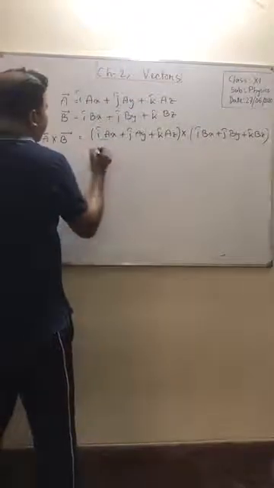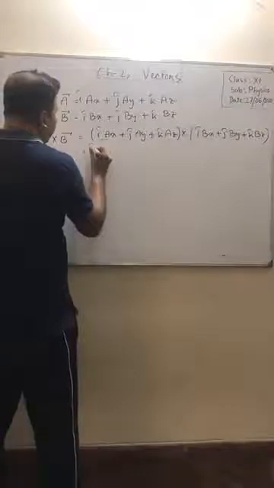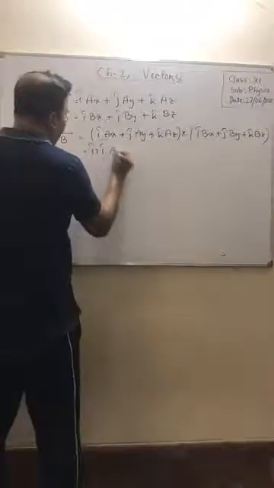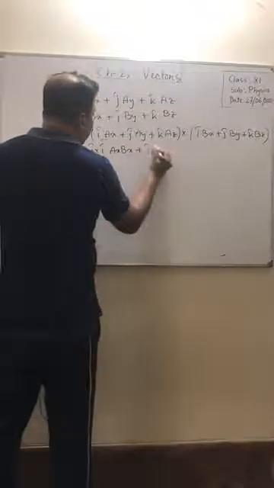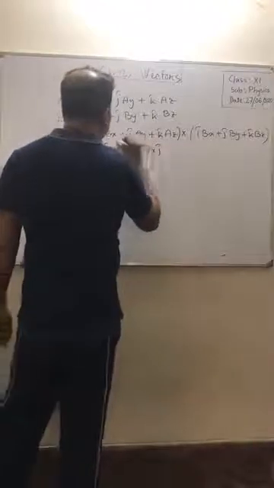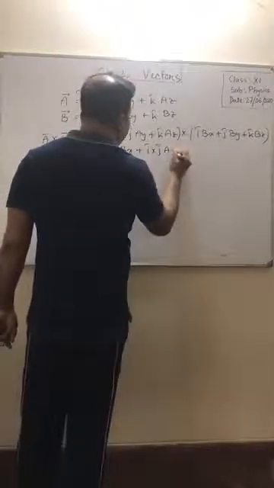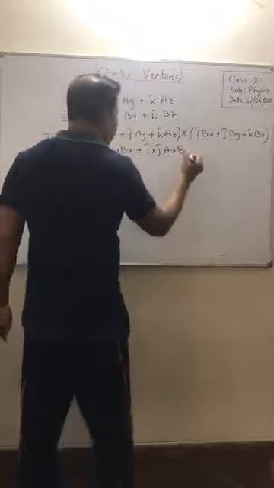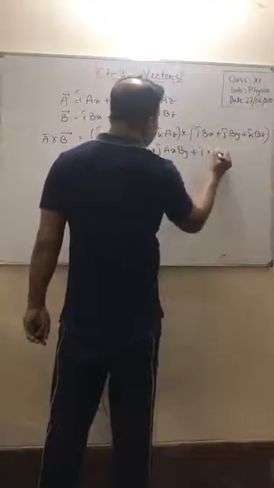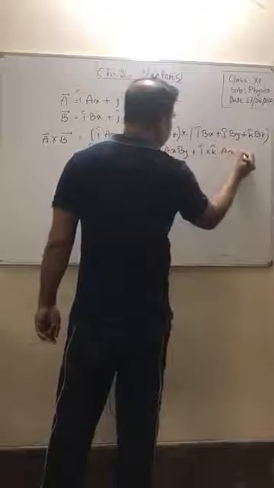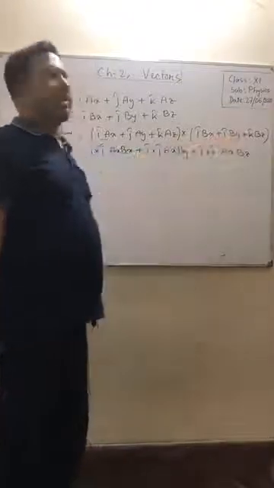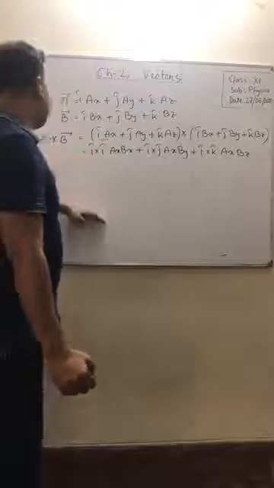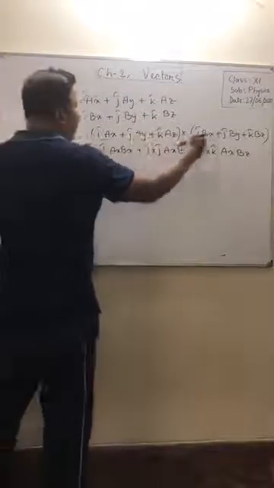Okay, so what we'll find in here: i cross i Ax Bx, i cross j Ax By. So by this, from the i Ax we multiply i Bx, j By, k Bz. Okay, we find this one. Similarly, we do the j Ay and multiply in these three.